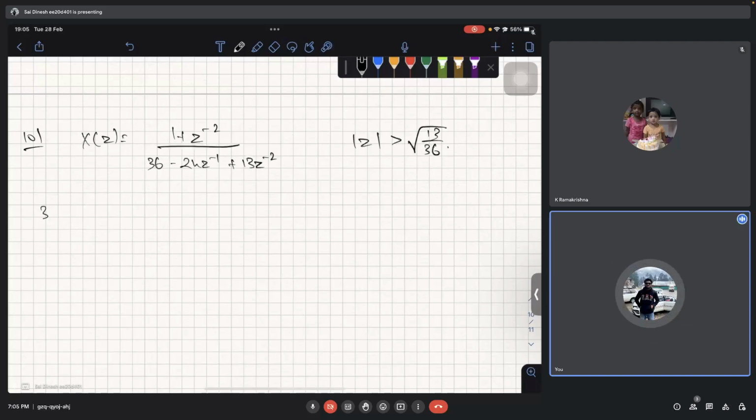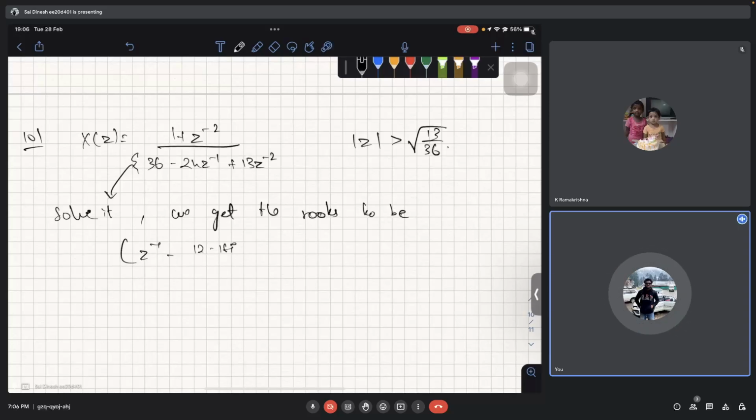So if we take this equation and solve it, we get the roots to be z inverse minus 12 minus 18 i by 2 into z inverse minus 12 plus 18 i by 2, somewhere around this part, I'm not exactly sure.